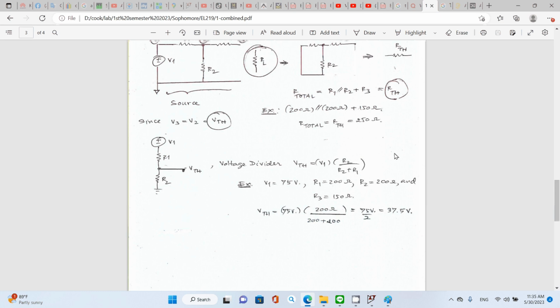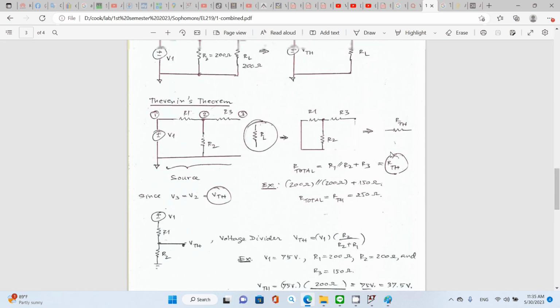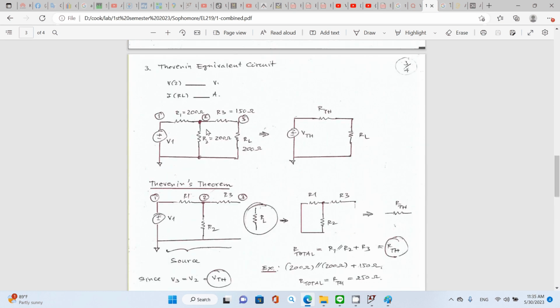So in conclusion, for the Thevenin equivalent circuit, you have VTH of 37.5 volts, and your RTH is 250 ohms. Okay, and you will verify both circuits later on.